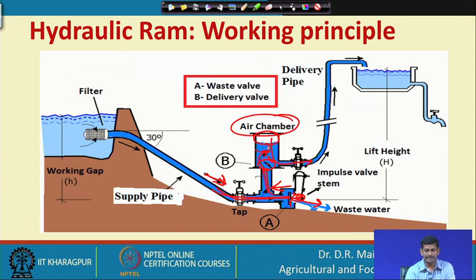So, it is like hitting the waste valve and at the same time opening the delivery valve, closing the waste valve and opening the delivery valve. These two, and also the compression, are what the functioning of the hydraulic ram works on.